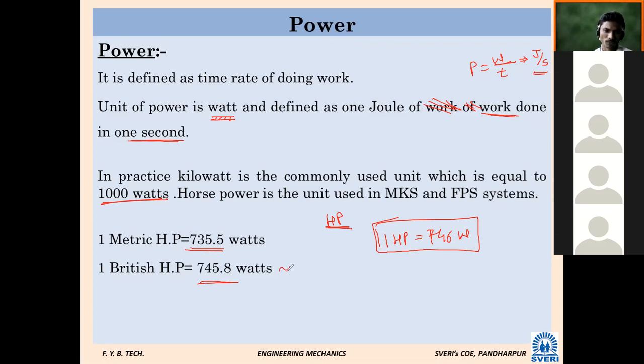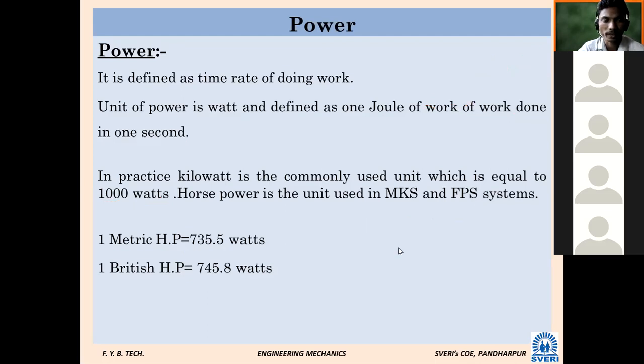So approximately we are taking 746 watt. It is a power. Again it is basic terminology. Work, energy and power: these are the basic terms related to work, energy and power.